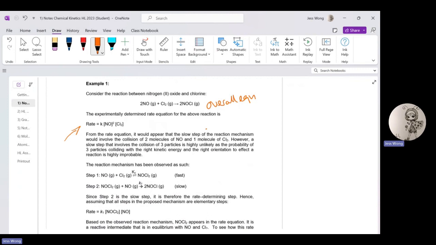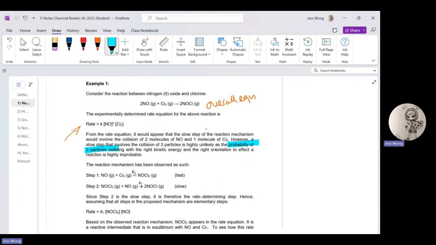From the rate equation, we will try to propose a mechanism that can fit this. As we are proposing a mechanism, we may want to propose that two molecules of NO collide with one molecule of Cl2. However, we all know that the probability of three particles colliding at the same time with the correct orientation and the correct activation energy is quite low.